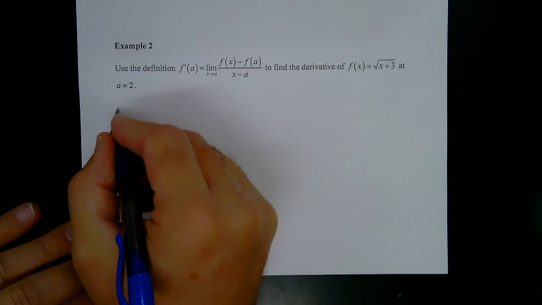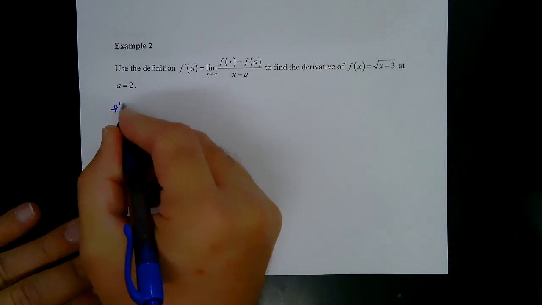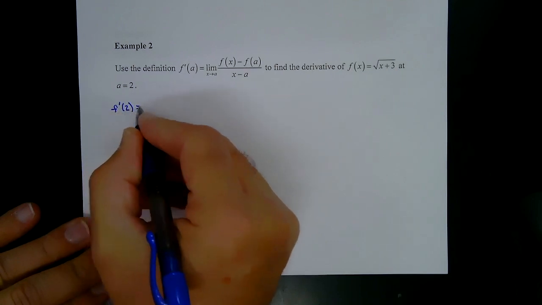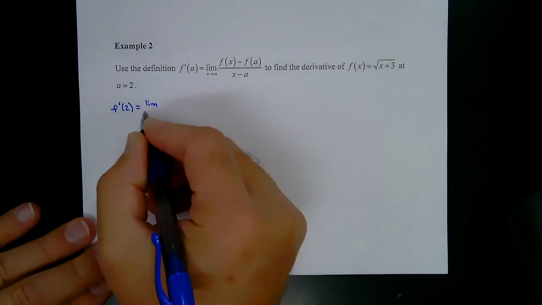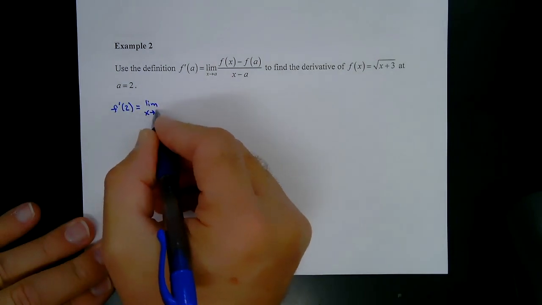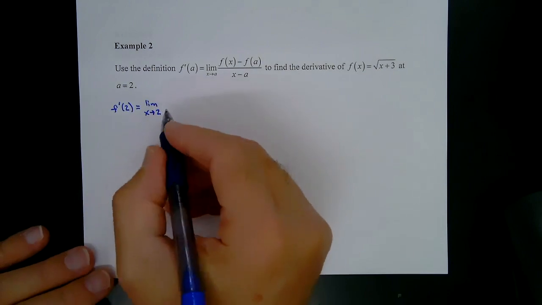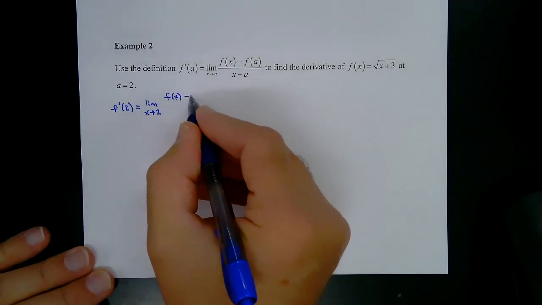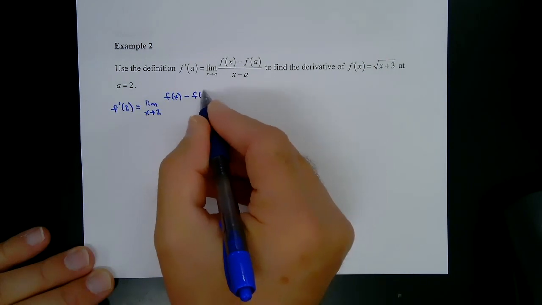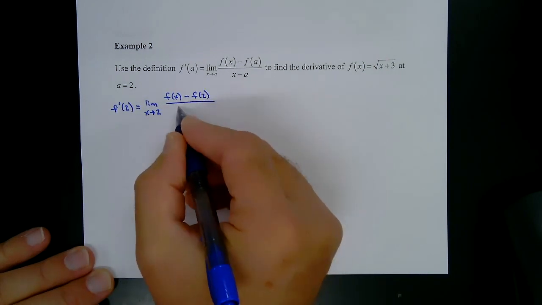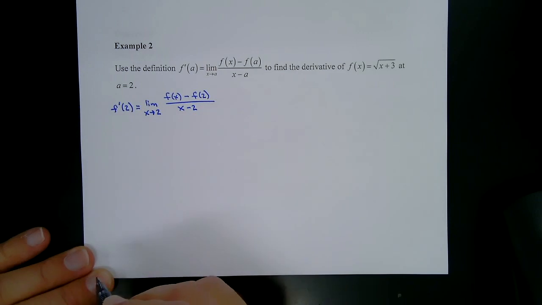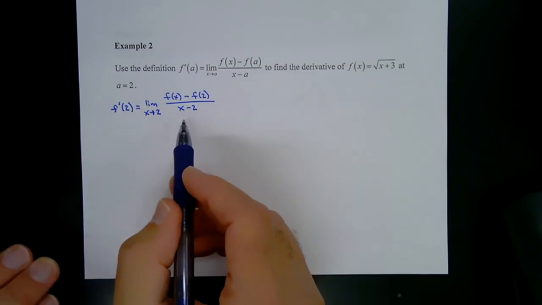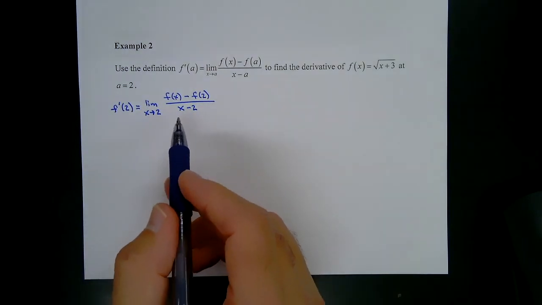So this is going to be f prime of 2 is equal to the limit as x approaches 2 of f of x minus f of 2 all over x minus 2. Okay, that's the slope between the point at 2 and the point at x.